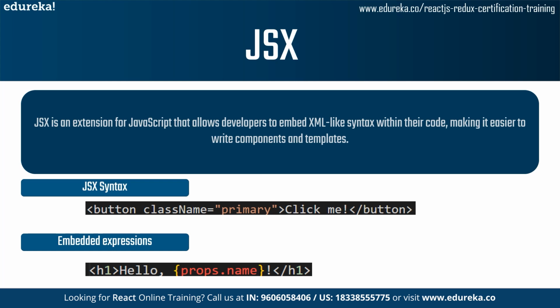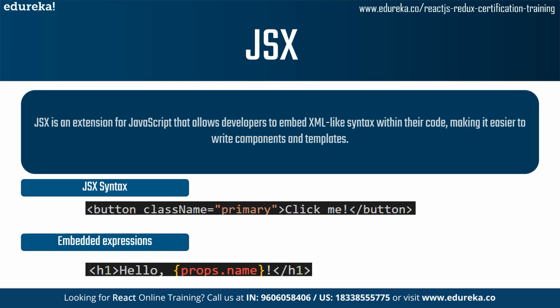As I said, JSX is a syntax extension for JavaScript that makes it easier to write components. It was developed by Facebook and it is used in many popular frameworks such as React. With JSX, you can write components using syntax that resembles HTML, right? Making it easier to read and understand.